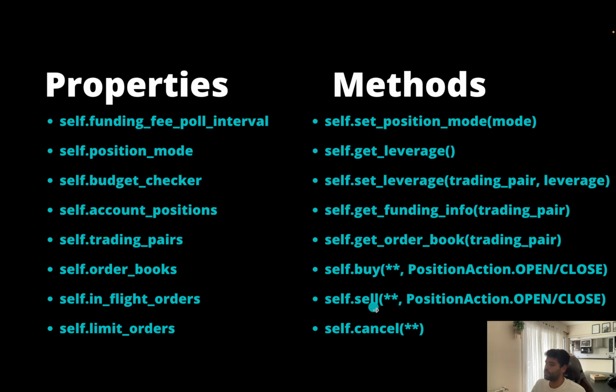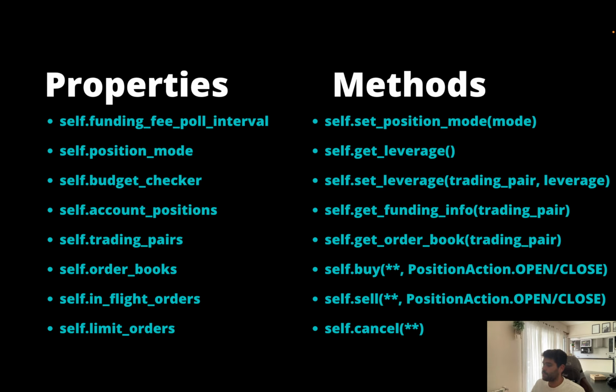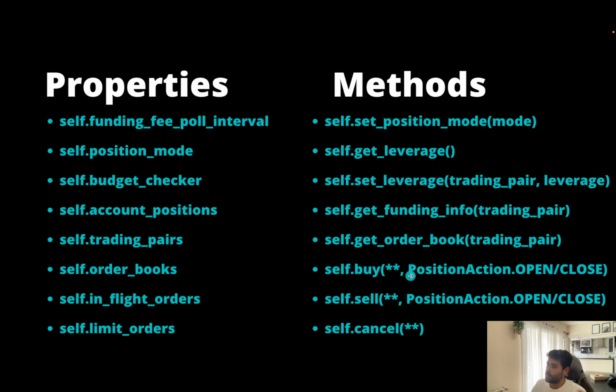And then we have these three methods that are buy, sell, and cancel. As I mentioned before, when you are buying or selling in a perpetuals market, you can increase or decrease the position or start a new position. That's why I put these symbols here, because it's just the same as a spot connector, but the only difference is that the position action is not included in spot.